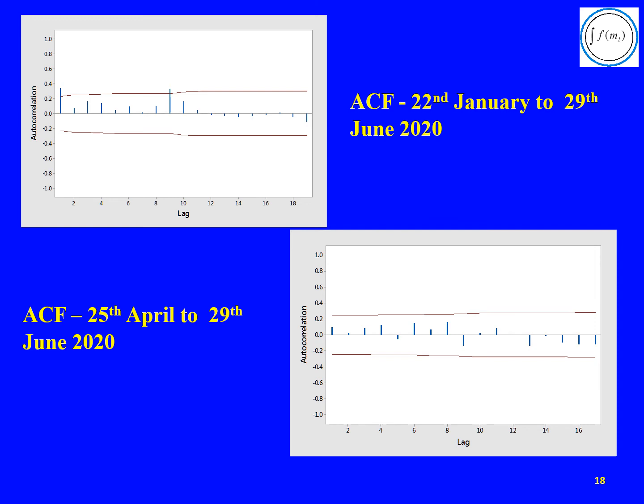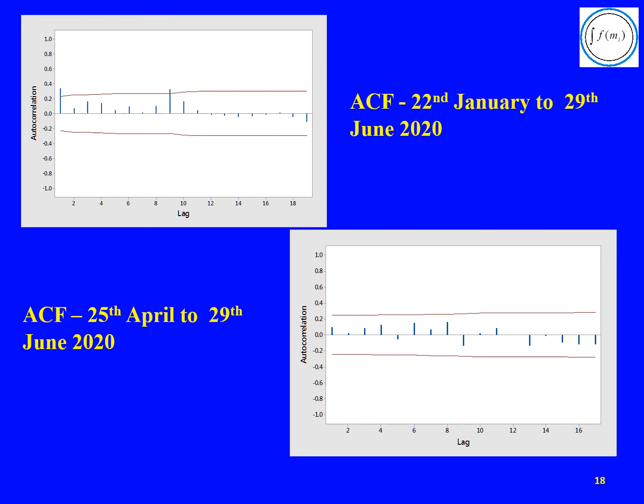But for the second part, when I avoid the jump, I pick the second part of the data set, from 25th April to 29th June. When I put the autocorrelation function here, you can see the behavior of that second part of the data is within the constant band, within the constant mean and the constant variance.